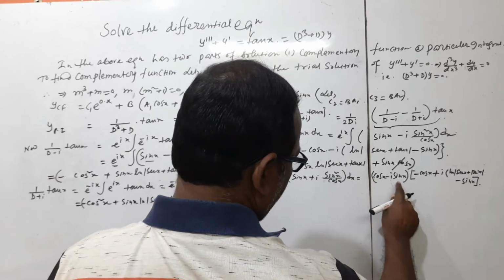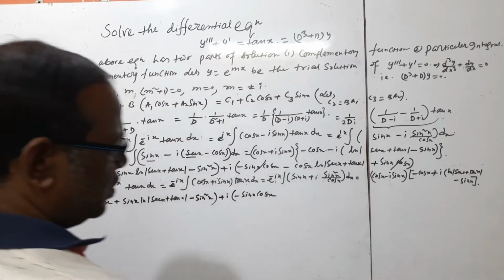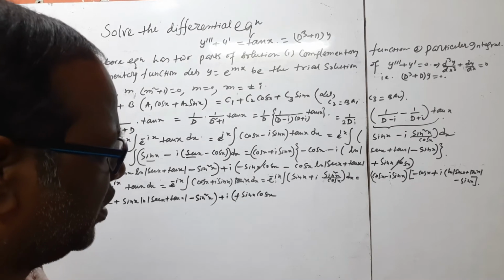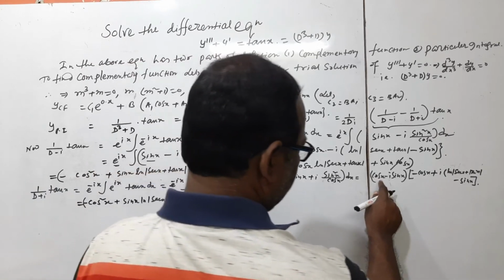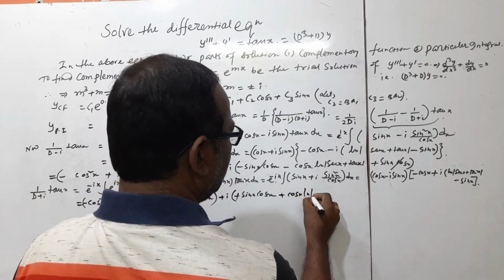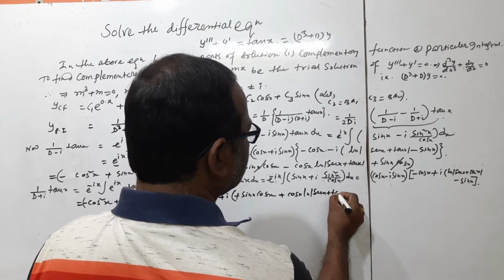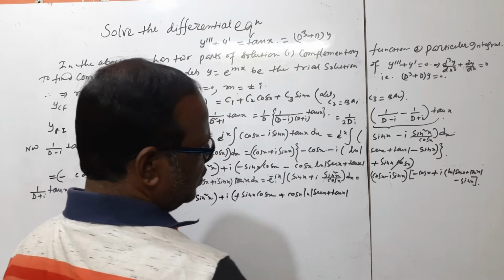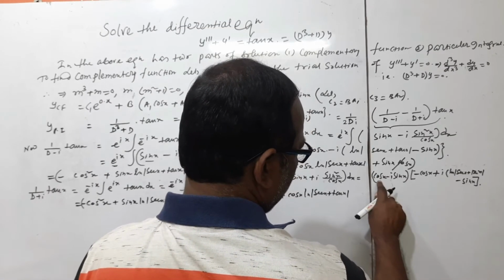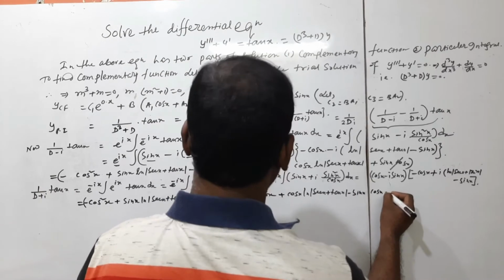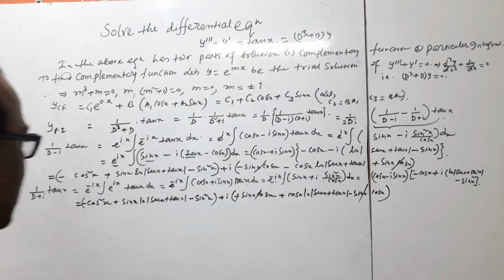So this into this, take common i, so minus minus plus, and cos x ln mod sec x plus tan x. Take common i here, so multiply with cos, so minus sin x cos x, minus sin x into cos x, so these two parts cancel out.